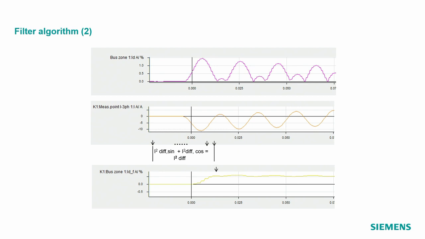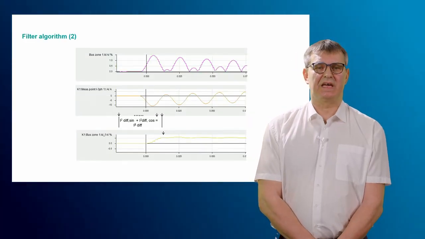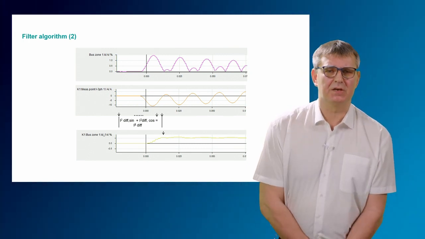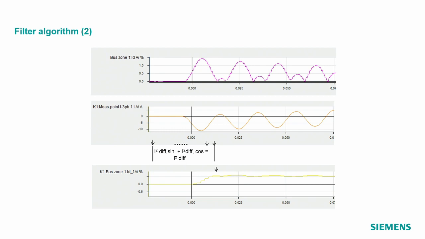Here is a small example to show you the principle of the DC offset. The characteristic in the middle is K1, the measurement point. We are once again injecting only one current in a bus zone, and we have a strong DC offset in the negative direction of the y-axis.